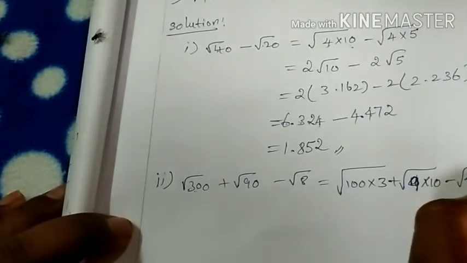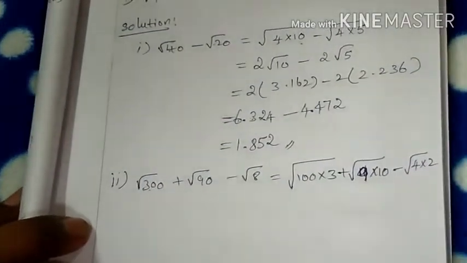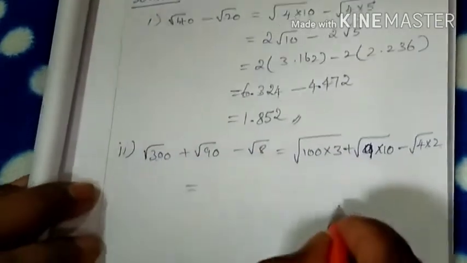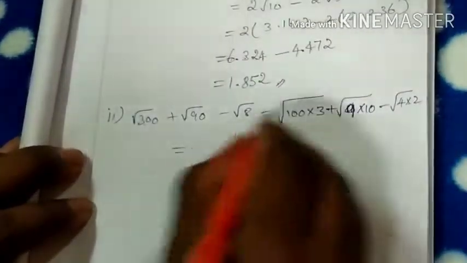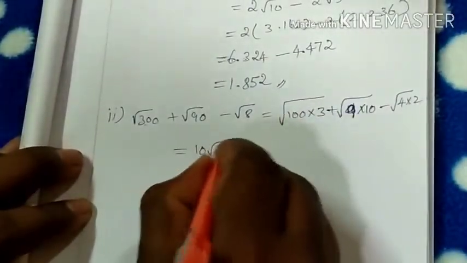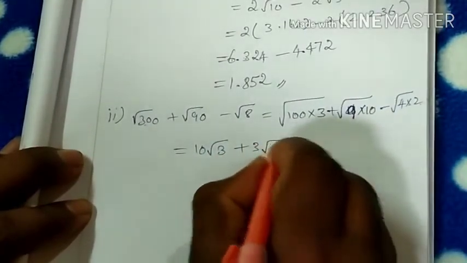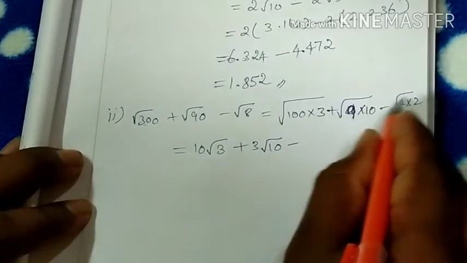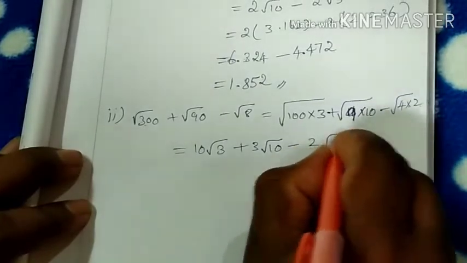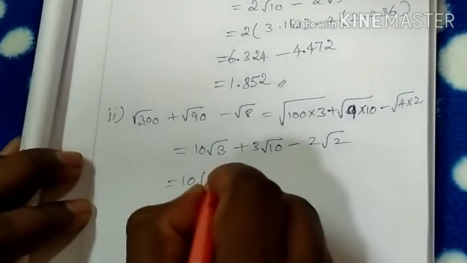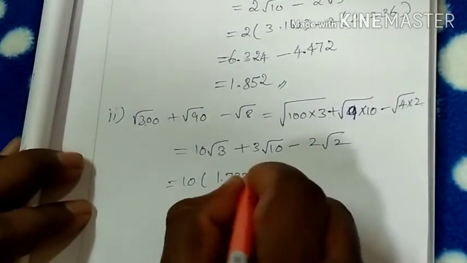So 4 2s are 8. So square root of 4 into 2, which is equal to the square root of 100 is 10, then root 3, plus square root of 9 is 3, root of 10, minus square root of 4 is 2, the remaining root 2.